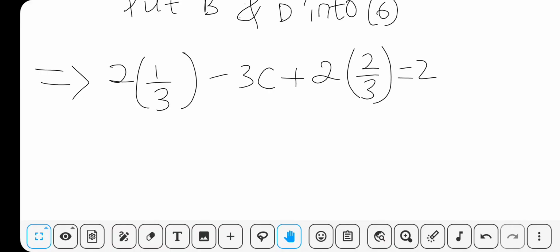So we have gotten b and d, so now we can get c from here.